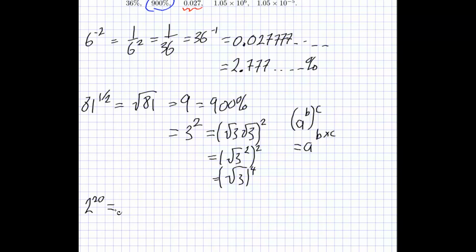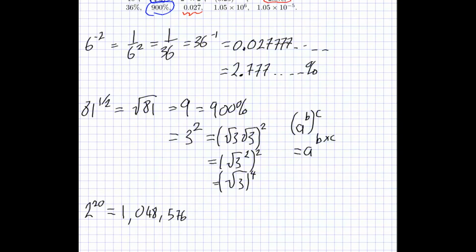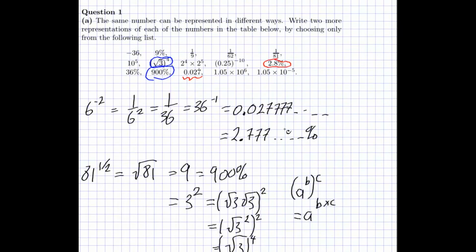So if you put, say, 2 to the power of 20 in your calculator, you're going to get 1,048,576. So do we have anything like that in our list? Let's see. Well, we almost do.